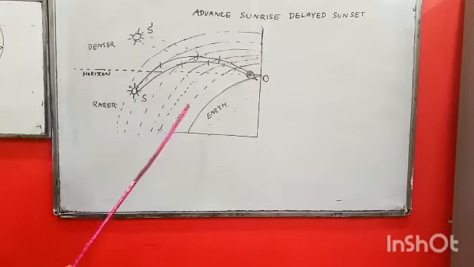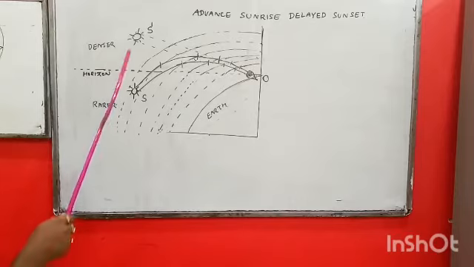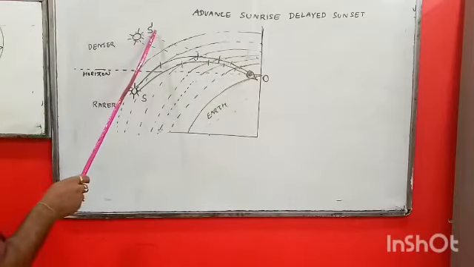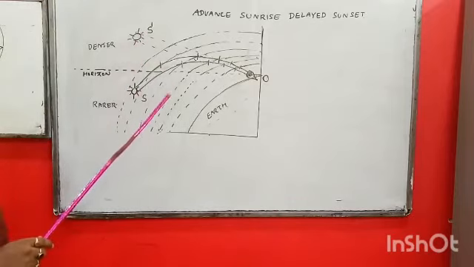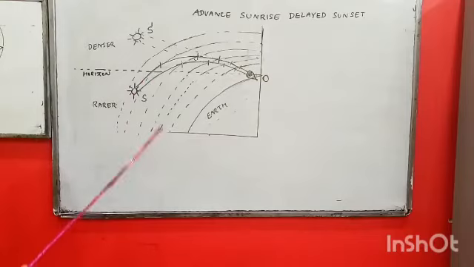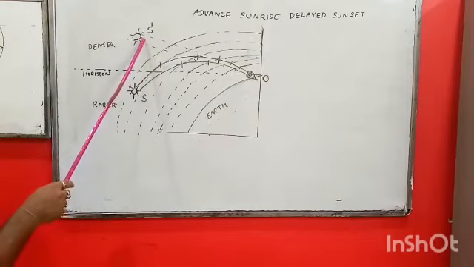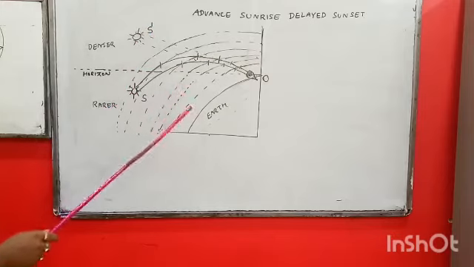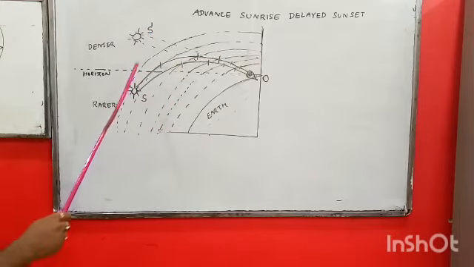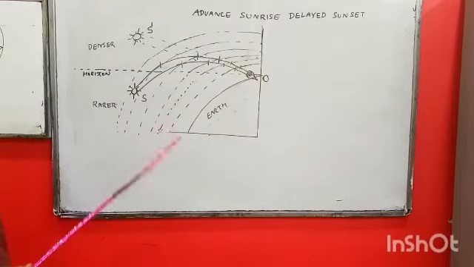In the morning, suppose the sun is below the horizon, and now you can see the sun coming from S dash, above the horizon. Suppose in the morning you have seen the sun 2 minutes earlier. And in the evening, although the sun has set, you can still see the sun at S dash. So in the evening you see the sun 2 minutes late, and in the morning 2 minutes earlier.